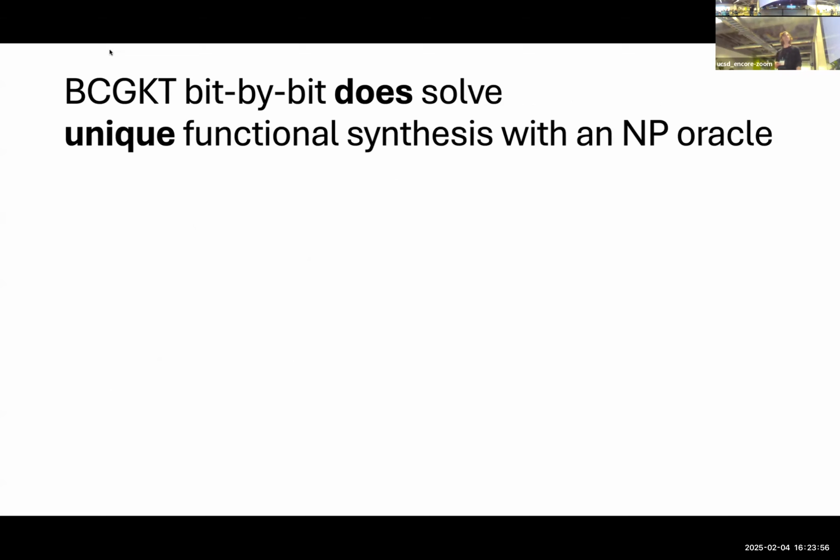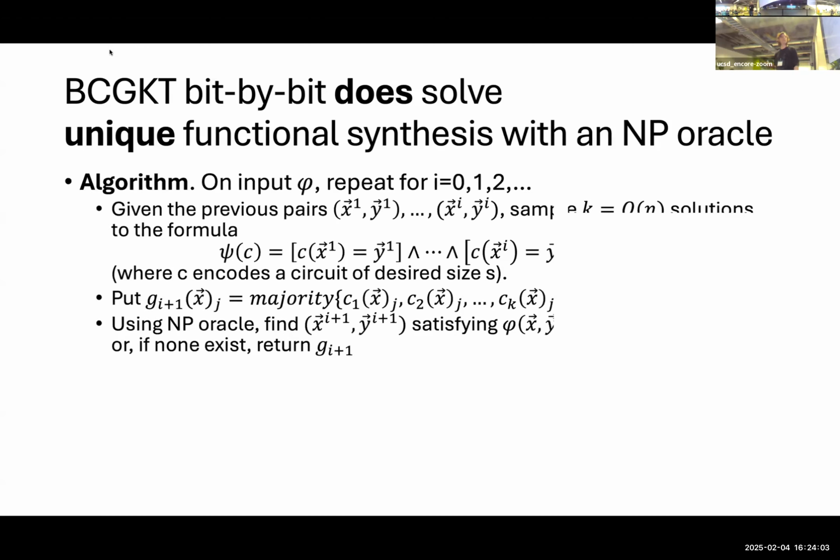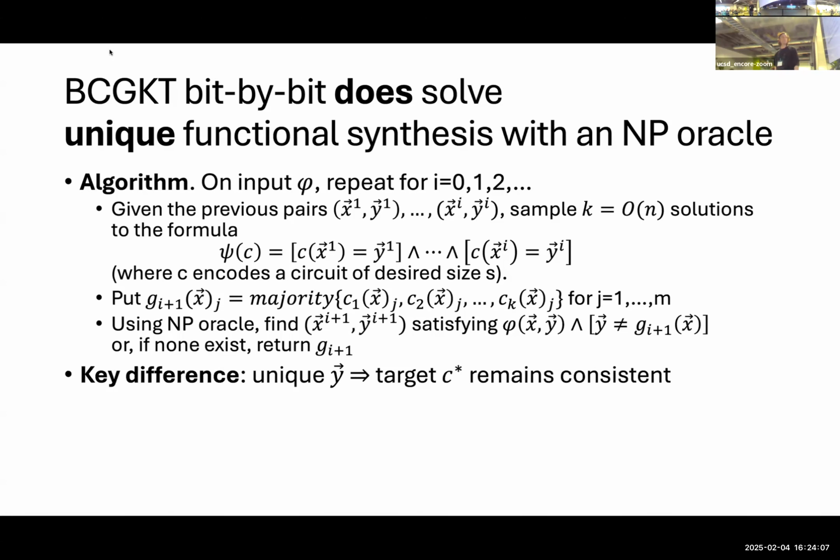But in particular, if I just focus on the unique functional synthesis problem, there's not really an issue. So I can just repeat that algorithm as before. And the key is that because the witness is unique, the small circuit remains consistent with all the examples I've seen so far.